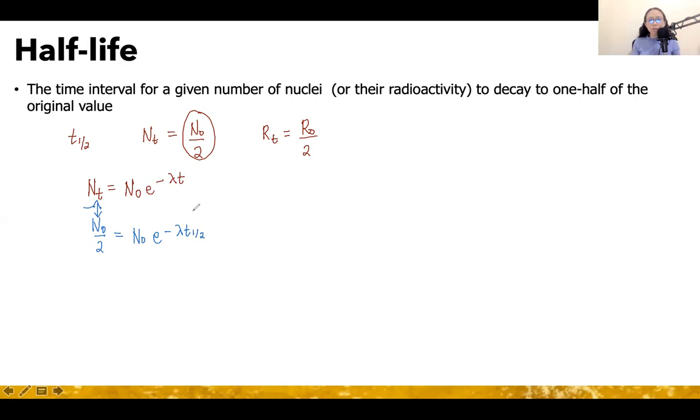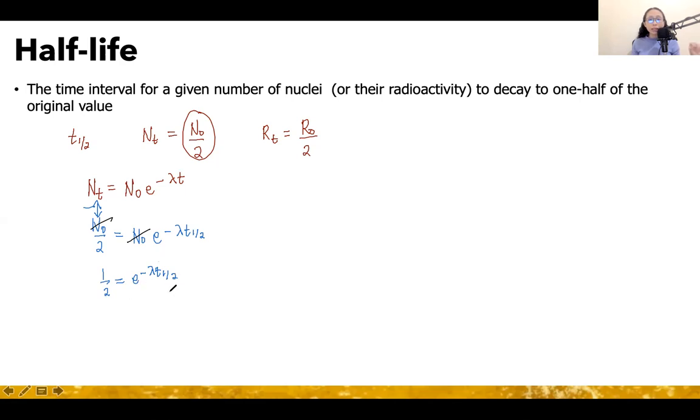So we can cancel out N sub 0 here, and now we have 1/2 equals e raised to negative lambda times the half-life, t1/2.